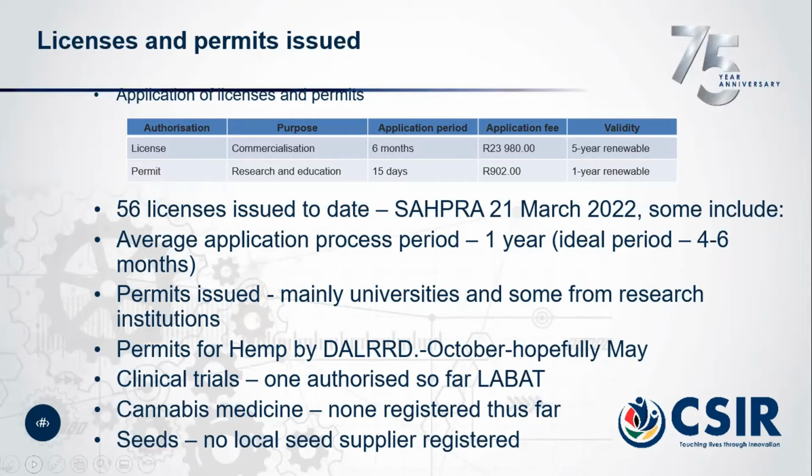So we need to start producing ours here in South Africa, because the markup prices are a little bit too high. And most of the seeds that are being grown in South Africa are imported. That's another thing. But the good news is that DALRRD has made provisions for registration of seeds. And we should take advantage of that to register most of our very good strains.